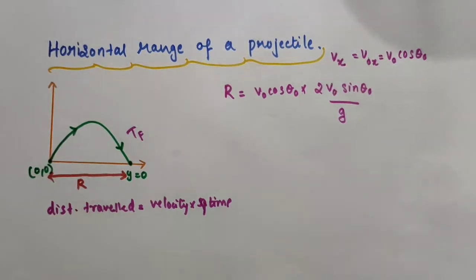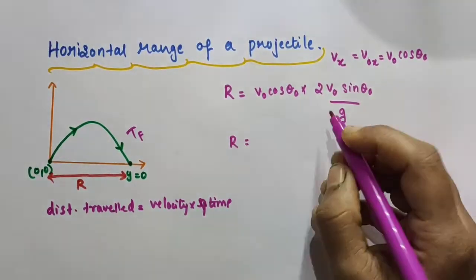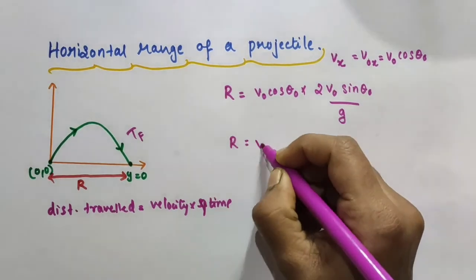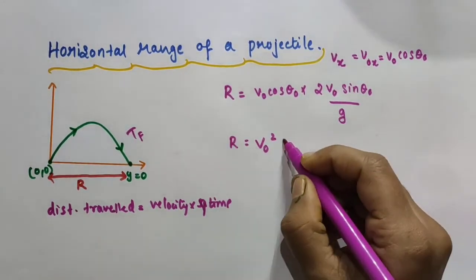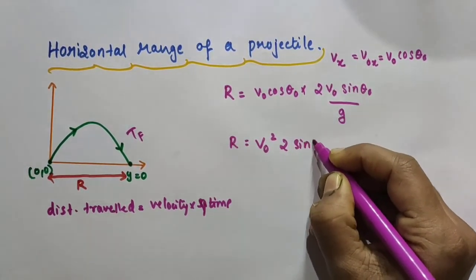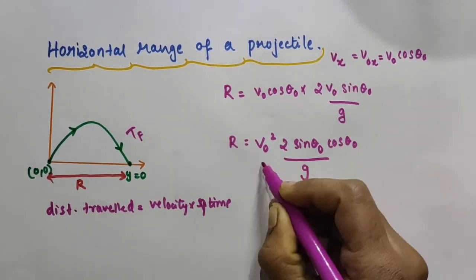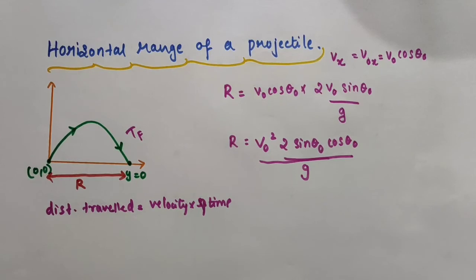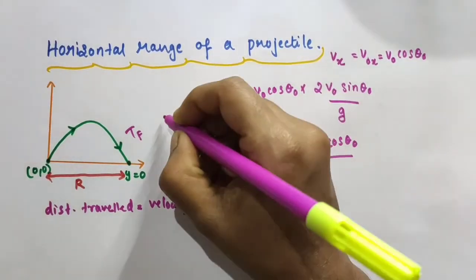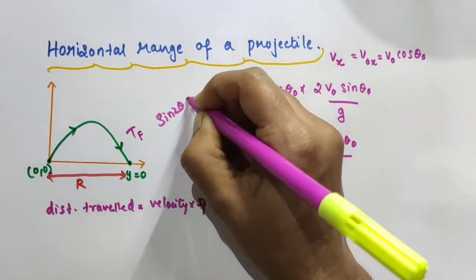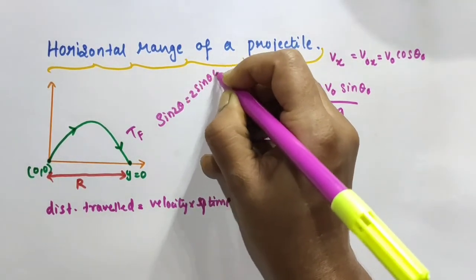Okay, so this can be written as R equal to v0 into v0, that is v0 square, then 2 into sin theta 0 into cos theta 0, all divided by g. Now what is this 2 sin theta 0 cos theta 0? What is sin 2 theta? Sin 2 theta equal to 2 sin theta cos theta.